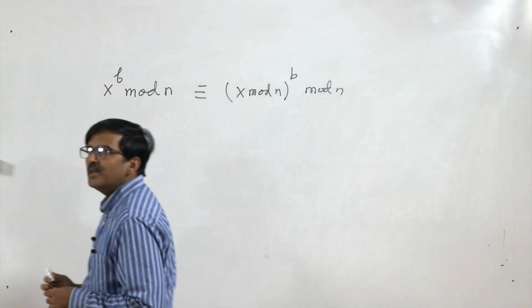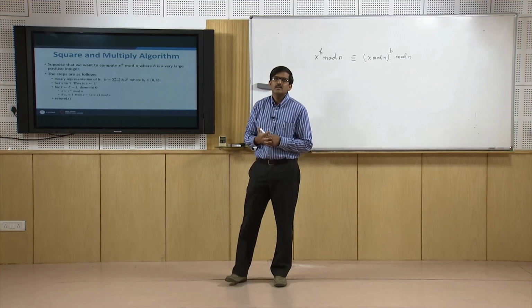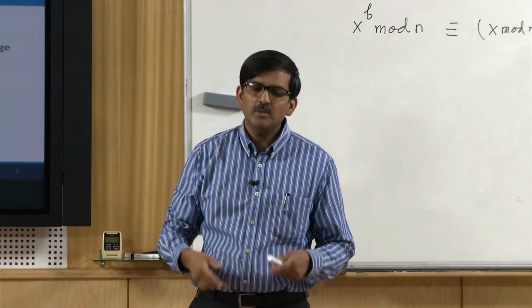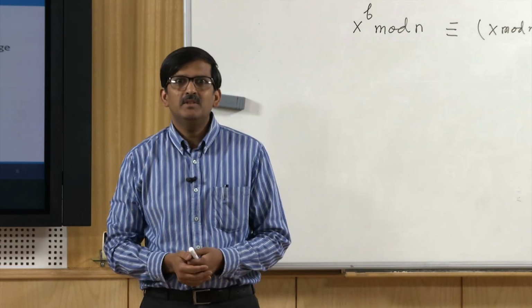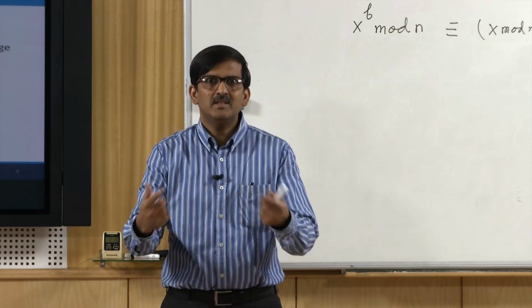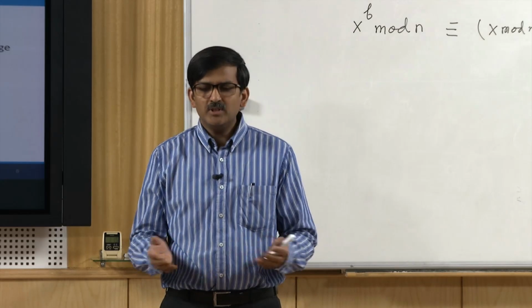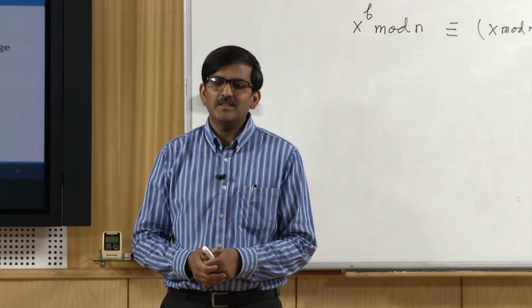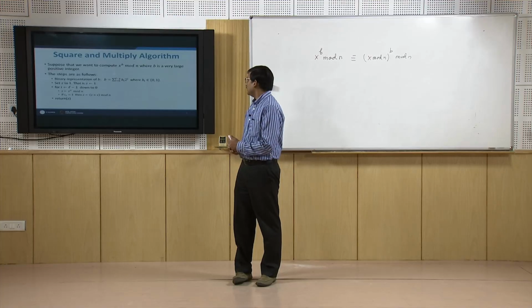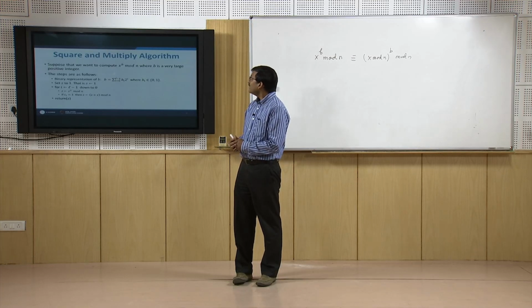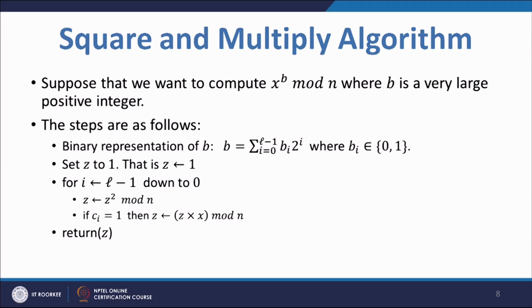So, it is immaterial whether we reduce modulo in each step or afterwards, and one very reasonable thing that we can do is always reduce modulo n, which does not take much time because it is one division. But instead of b itself we take the binary representation of b. Let us see how it will look.